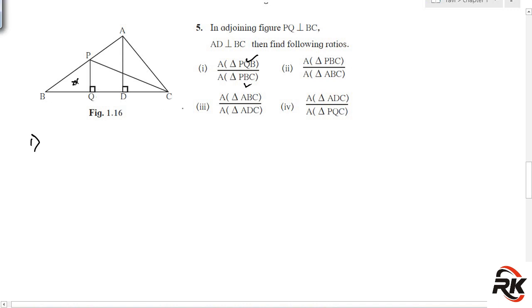And in triangle PBC, BC is the base and PQ is the height. Means triangle PQB and triangle PBC have common height.